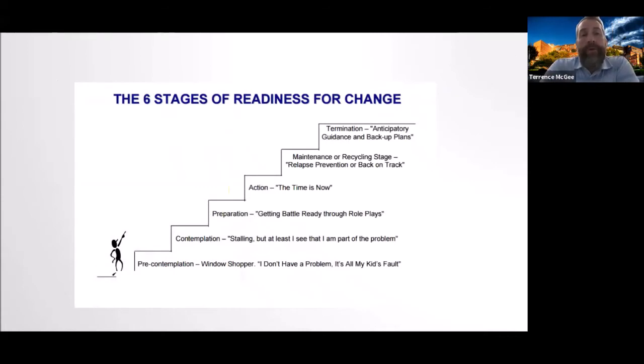Now, the challenge with a patient that I noted before in providing that education, that pain neuroscience education, is not every patient is ready to hear it.